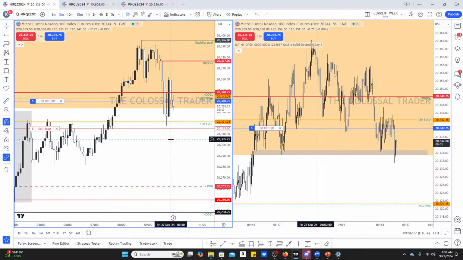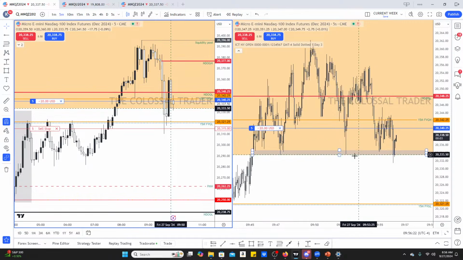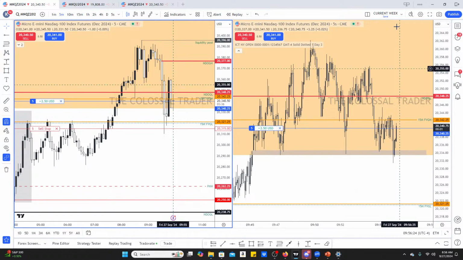Okay, we just took out these lows on the 5-second chart. Does someone now use that to springboard higher?